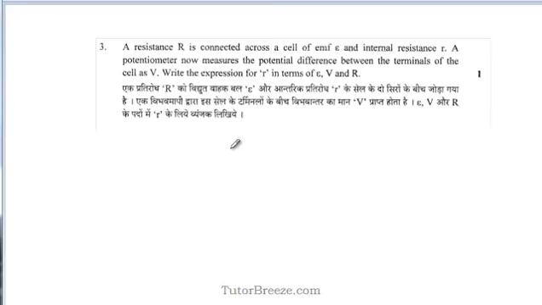When a resistance R is connected to a cell of EMF E, then we can write the terminal potential V as the EMF E minus Ir. Here small r is the internal resistance and E is the EMF.